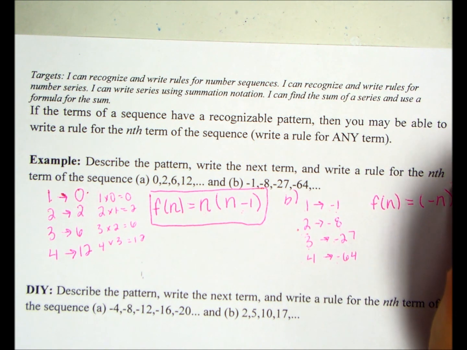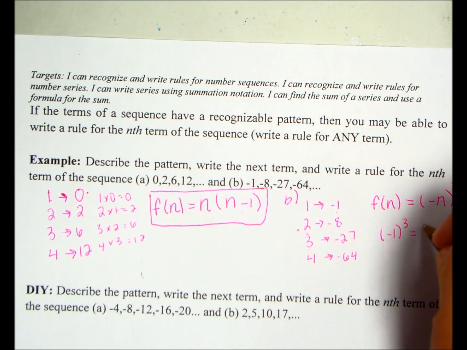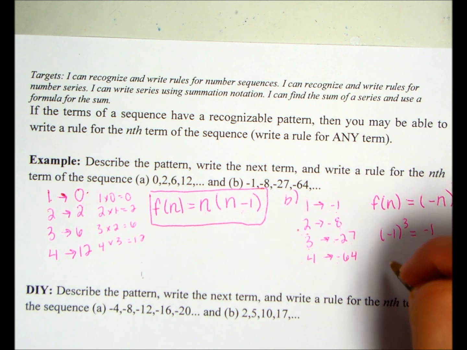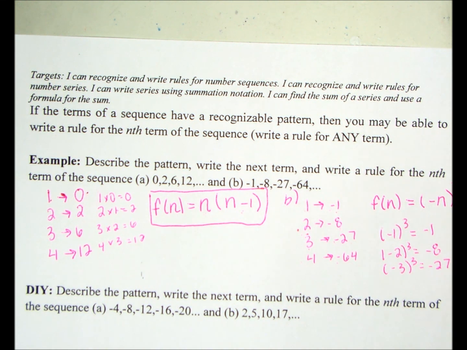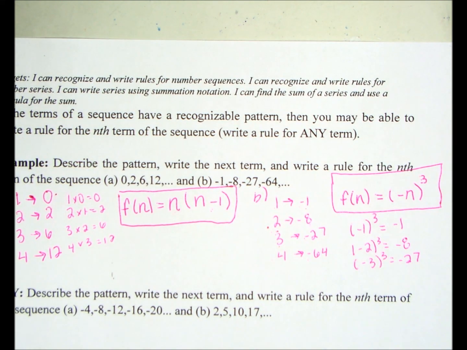Well, that would be to the third. So if I did negative 1 to the third, that's going to give me negative 1. If I did negative 2 raised to the third, that's going to give me negative 8. Negative 3 raised to the third, that's going to give me my negative 27. And you see here that I have created that rule.